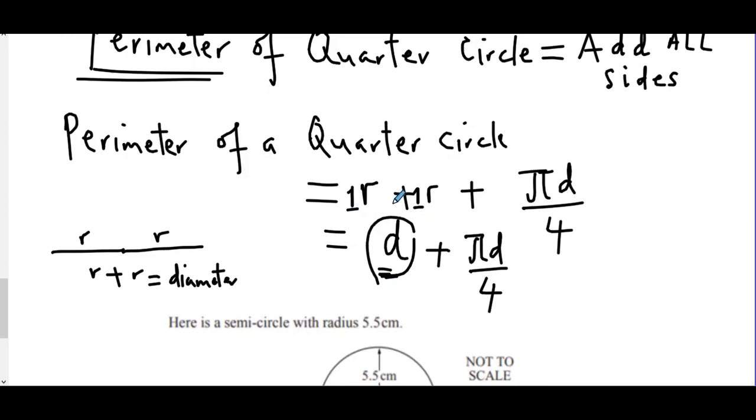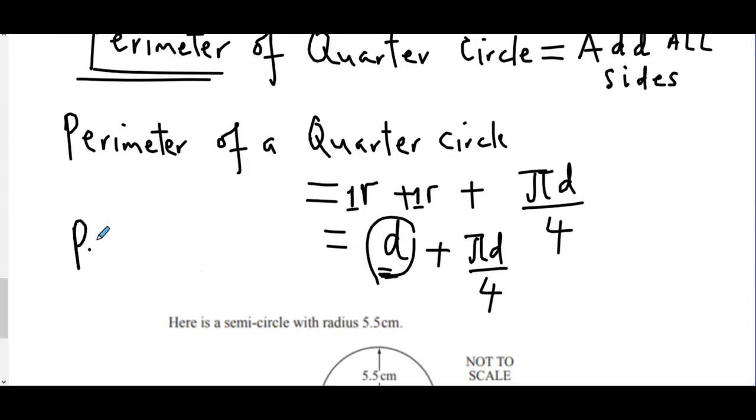If you have one radius plus another radius, you get a full diameter. In other words, twice the radius equals diameter. That discussion we did yesterday. So perimeter of a quarter circle equals d plus pi d over 4.